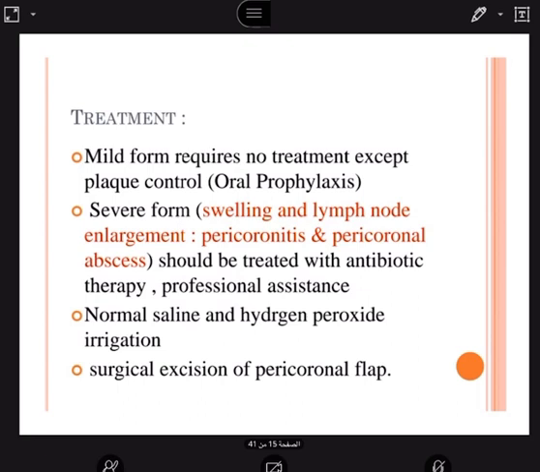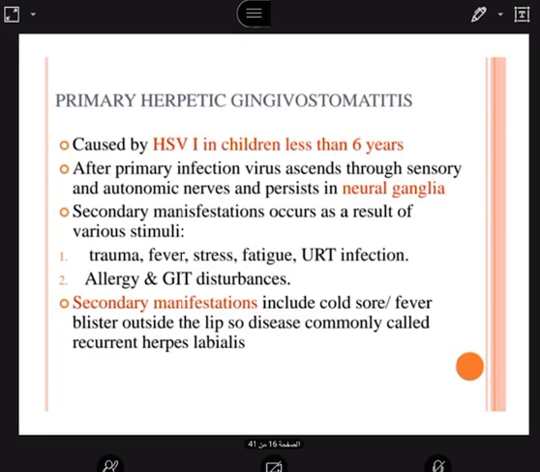Studies have shown that the fever and malaise are not due to the eruption itself, but can be due to the habit they adopt when they have this irritation. At chair side, you can treat this lesion with normal saline and hydrogen peroxide irrigation. And if nothing subsides this condition, they have to do a surgical excision of the pericoronal flap.